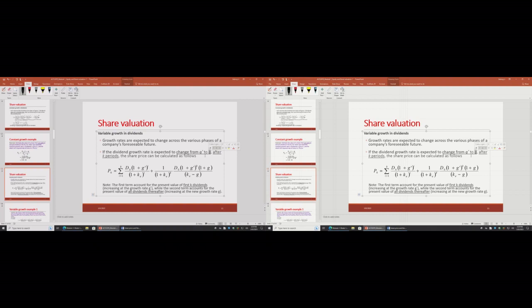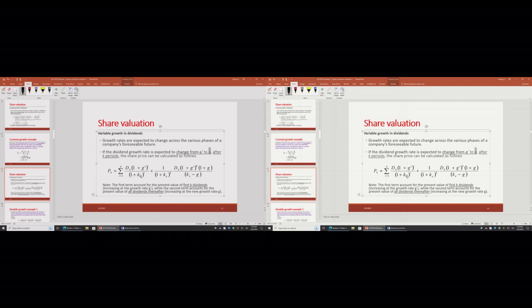And then this formula calculates the present value of that dividend cash flow. You don't need to memorize this formula, just know the right number for each parameter. D0 is the dividend that has just been paid in the past.